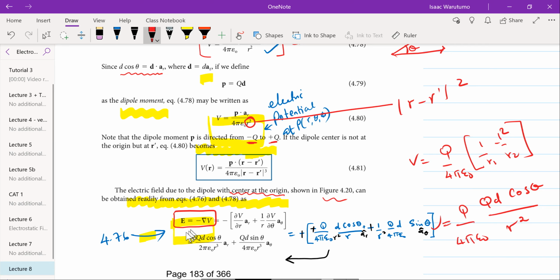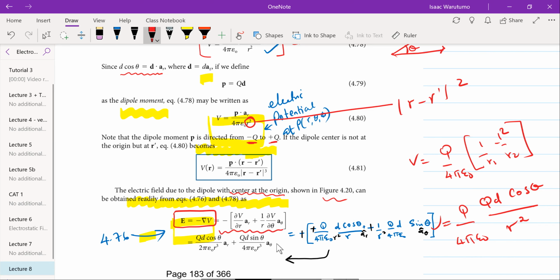So from equation 476, and since we have been given V, we can always express the gradient of V in spherical coordinates, as you can see in this equation right here.